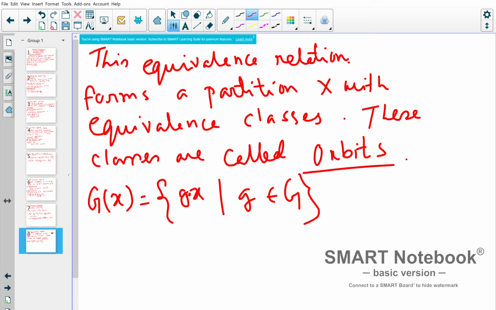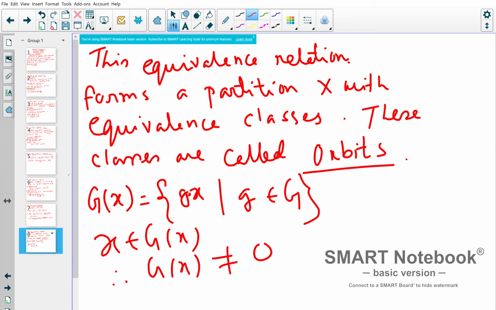Clear? So obviously you can easily find that in this orbit, x belongs to Gx. This is clear. So this Gx is always non-empty, right?